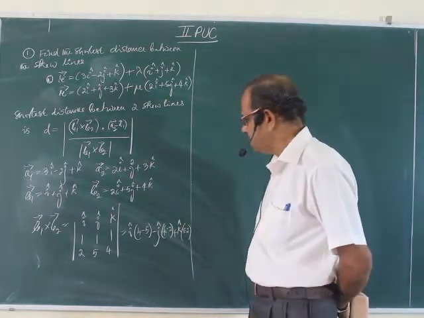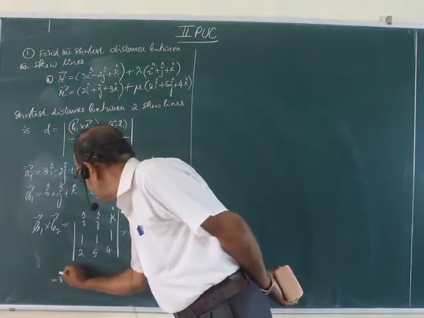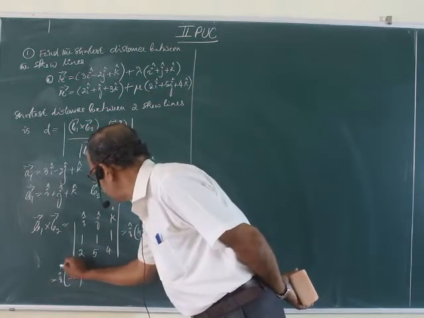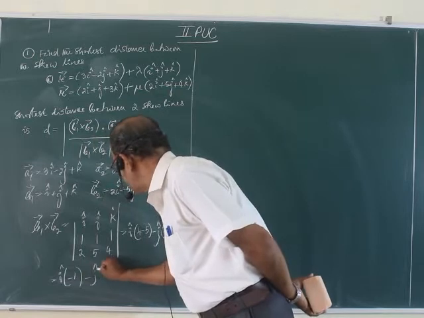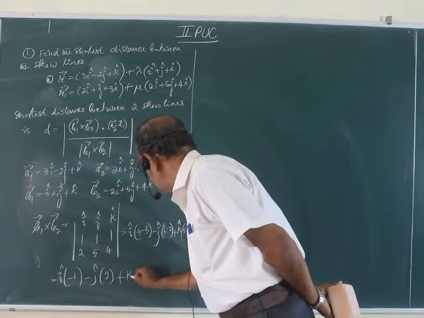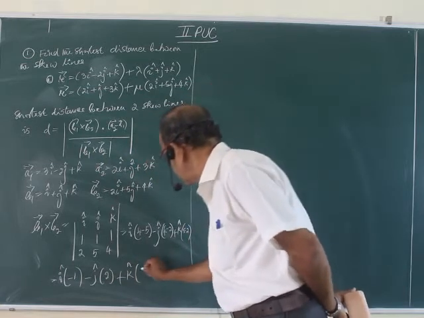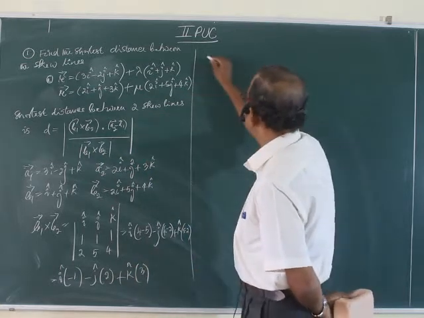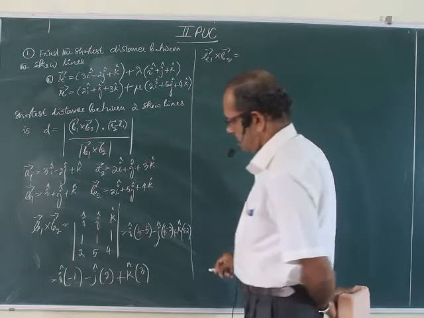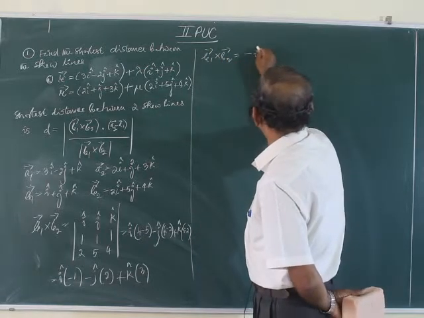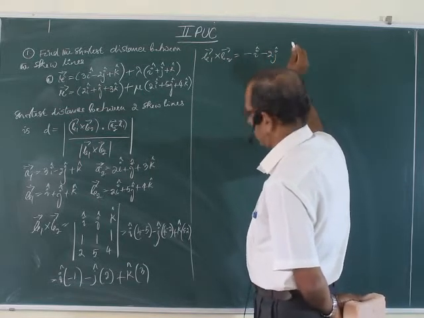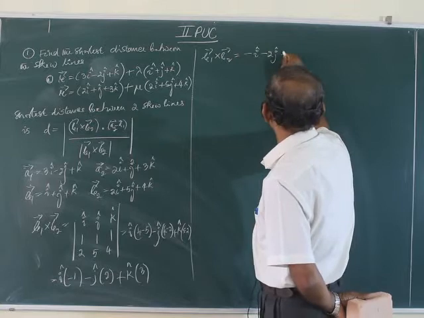Simplification is i into minus 1, minus j into 2, plus k into 3, or the vector b1 cross b2 is minus i minus 2j plus 3k.